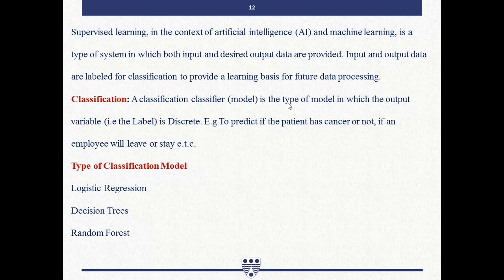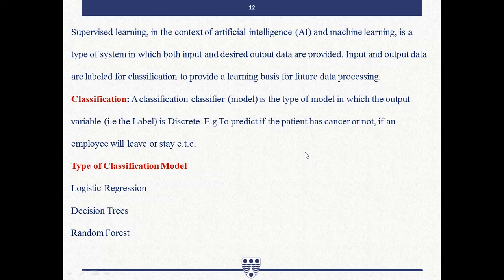Then the second one is regression. But first let's look at the types of classification model. We have the logistic regression, decision trees, random forest, support vector machine, XGBoost and many others. This kind of model simply tries to predict a discrete variable.